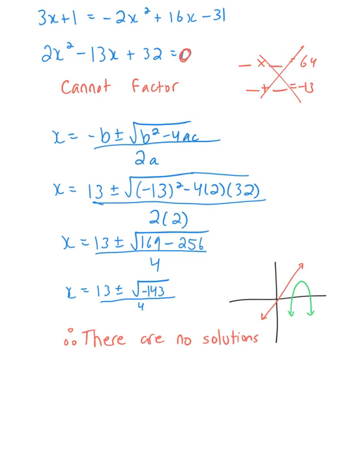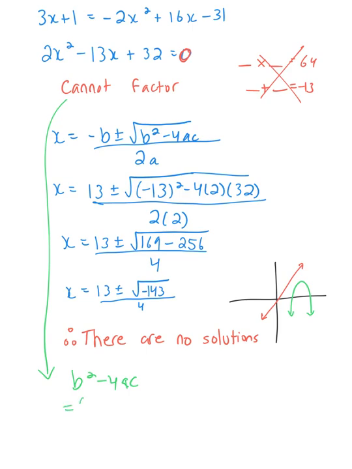Before we leave this question, I just want to go back up to where we figured out that we could not factor that quadratic equation, so we started the quadratic formula. Something that would have been smart to have done before we used the quadratic formula is just check with the discriminant to see if it is even worth taking our time to try to use the quadratic formula to find solutions, which in this case it wasn't.